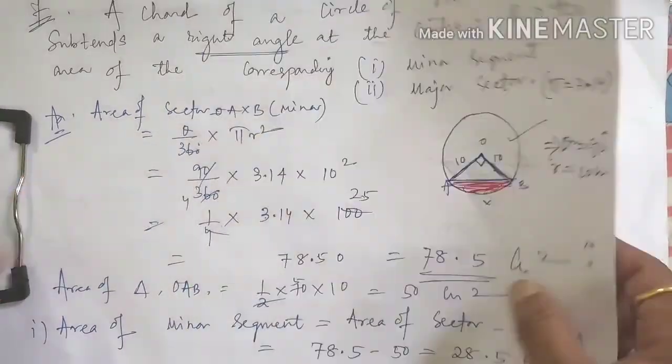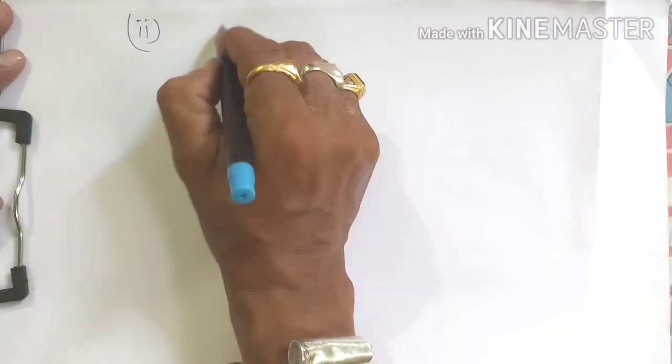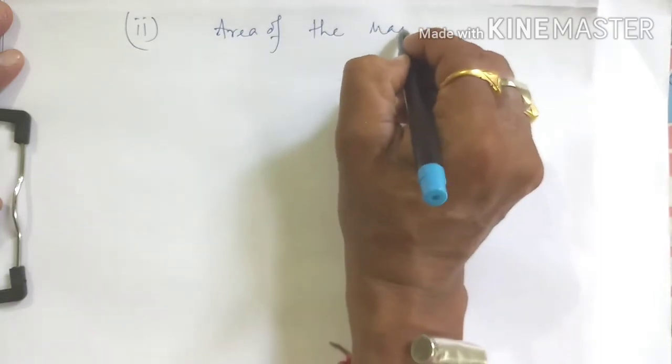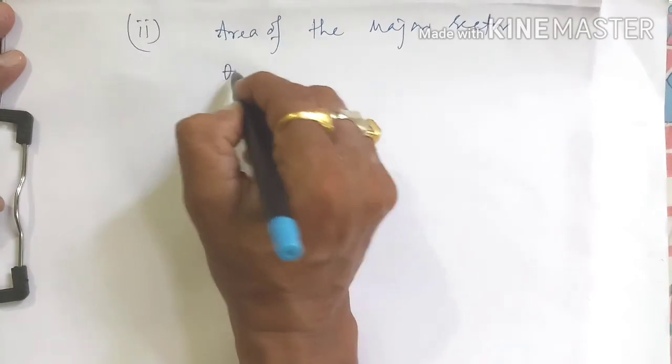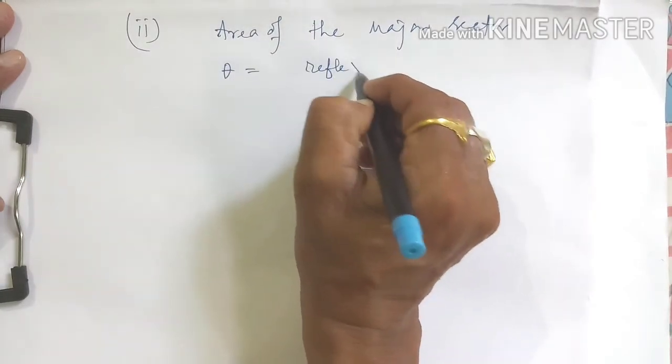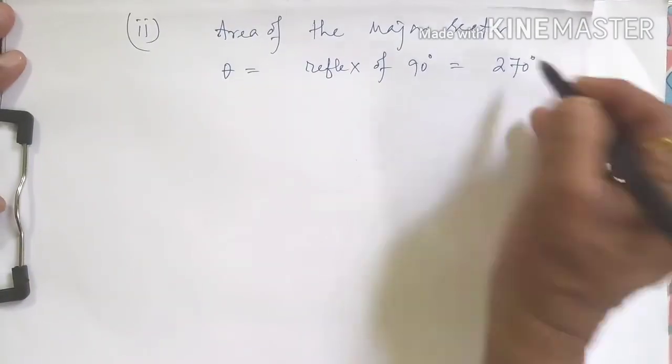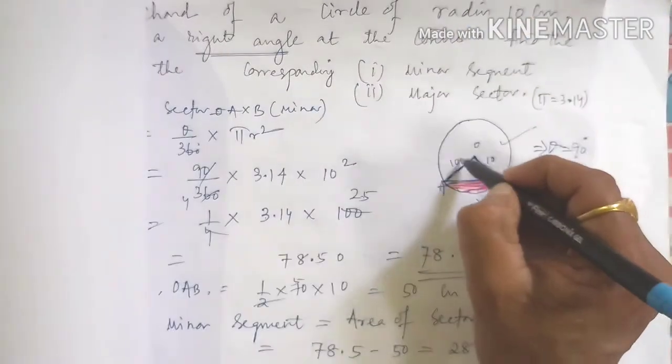Next to major sector. How can you calculate the area of the major sector? You see, theta is the reflex of 90 degree, and that is equal to 270 degree, because major sector means this section.